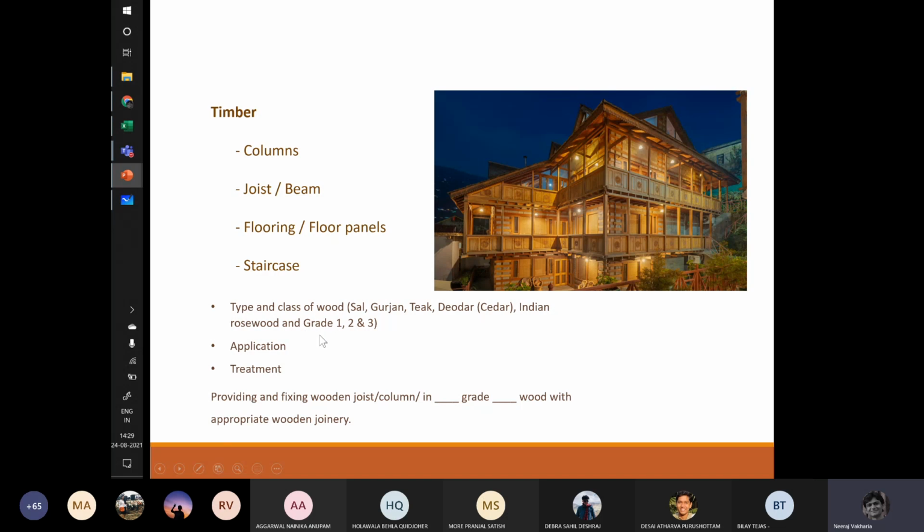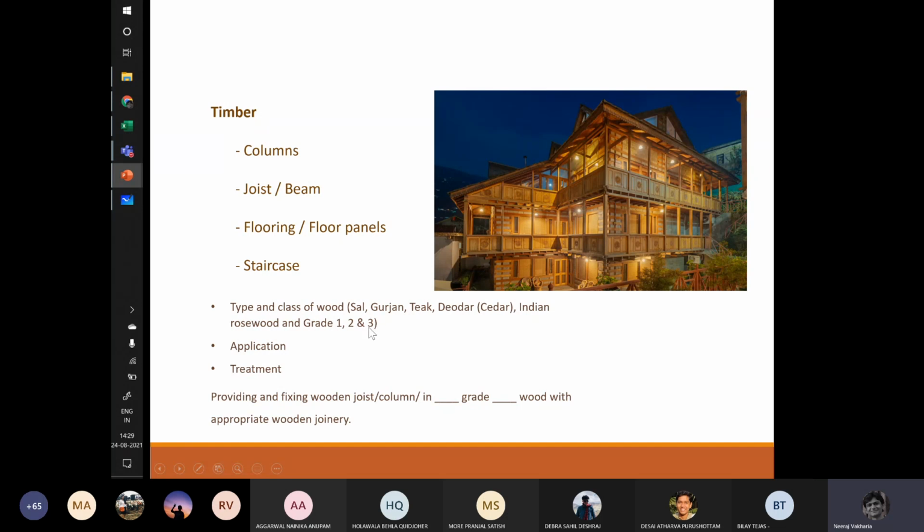When we cut the trunk of this wood, we make several parts of that trunk, which are graded as grade 1, grade 2, grade 3. The parts which are best, which can be used for structural members like column and beam, are graded as 1 or maybe 2.